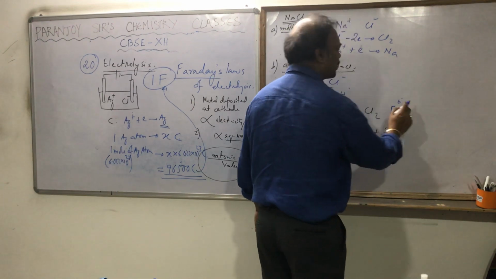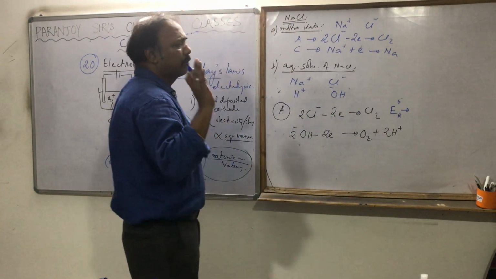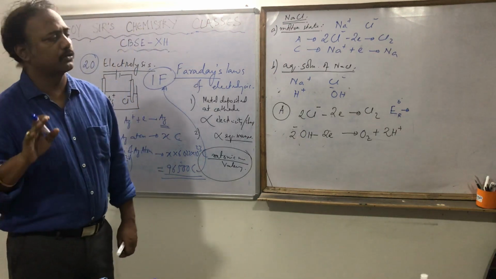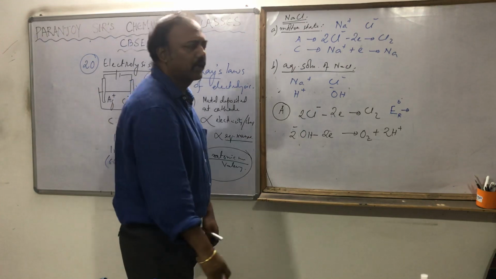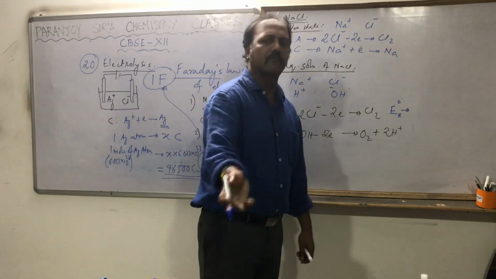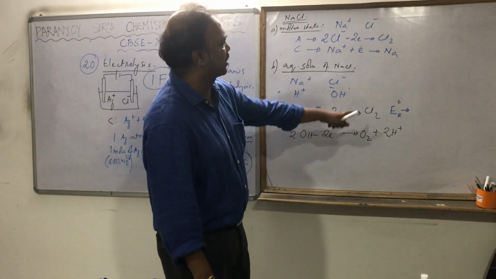I'm just writing it to know this value. You do not have to remember these values at all. I'm just telling how we can predict it. You will understand it with one or two more classes.